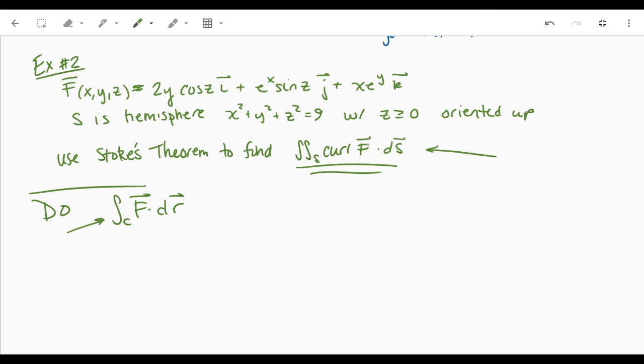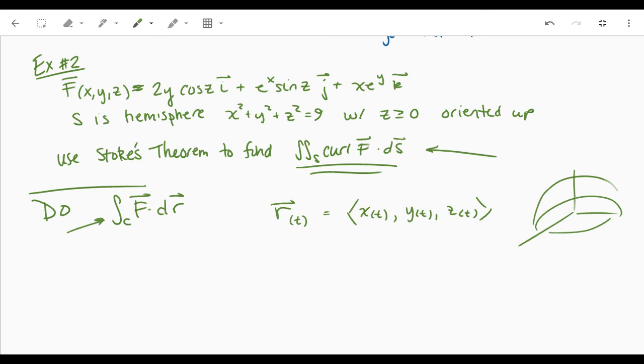First of all, we have to get r. Whenever we're talking about this, r is some function of x, y, z. And we're talking about the surface here, this hemisphere with a radius of 3.